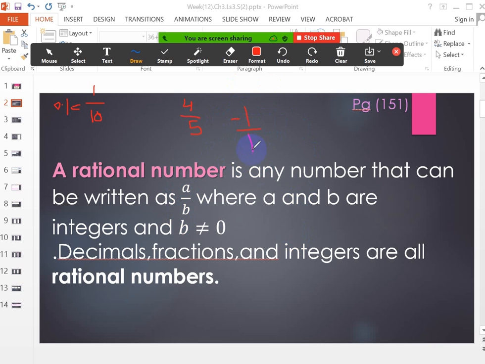So I can write it as A over B, so this is a rational number. So any number I can write as a fraction, where the numerator and denominator are integers, that means they may be negative or positive.